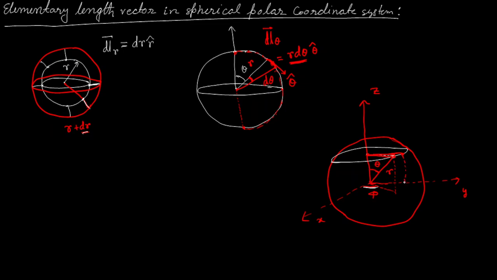If we take the projection on the xy plane, this will be the projection length, and this angle is d phi. If this angle is d phi, then what will be this length? Let me clear this picture a little bit more.